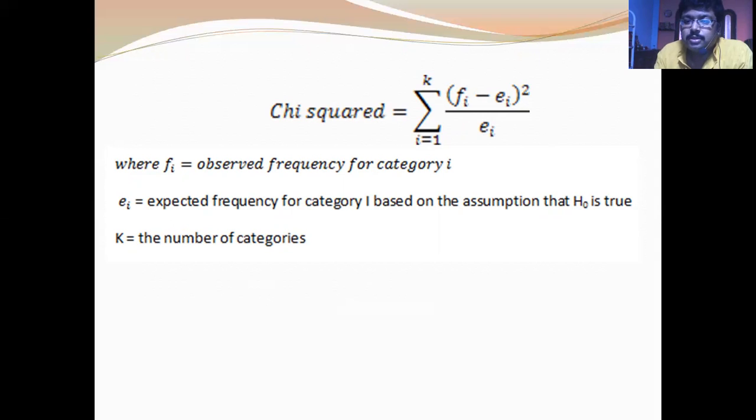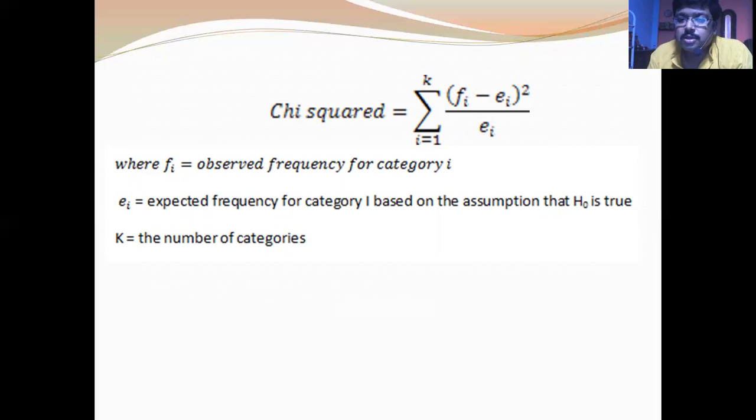So there is a hospital and there is an emergency section, and there are 3 types of patients. The first type is the stable patient, the second type is serious patient, and the third type is critical patients. So category 1, category 2, and category 3. Here are the 3 categories.